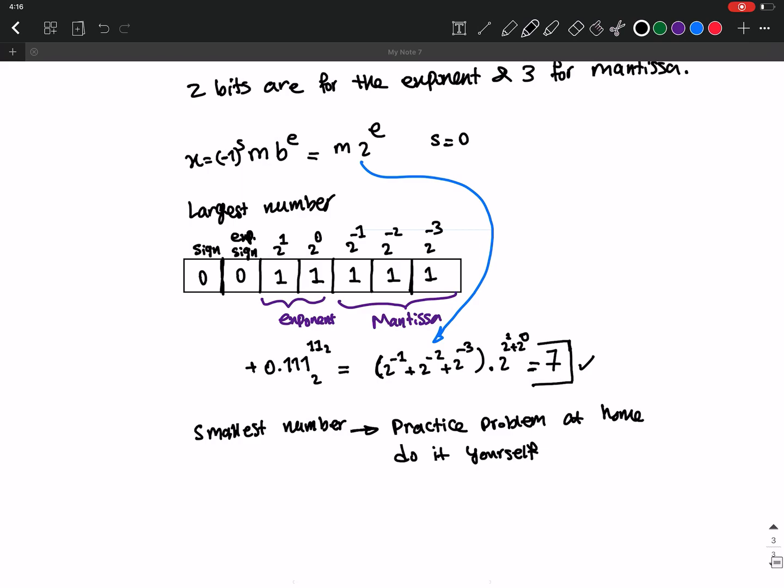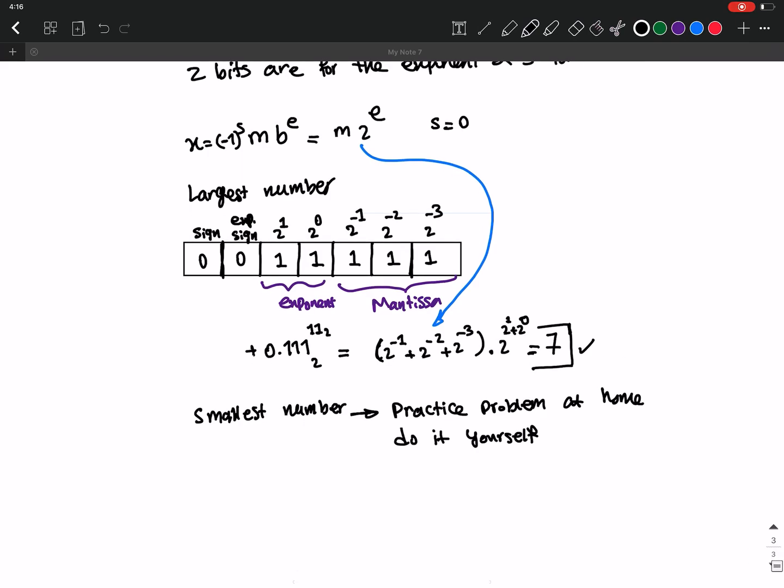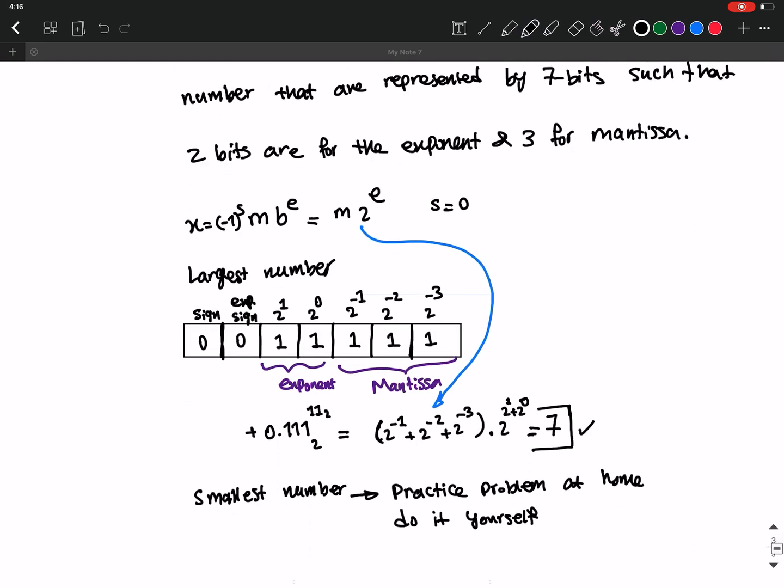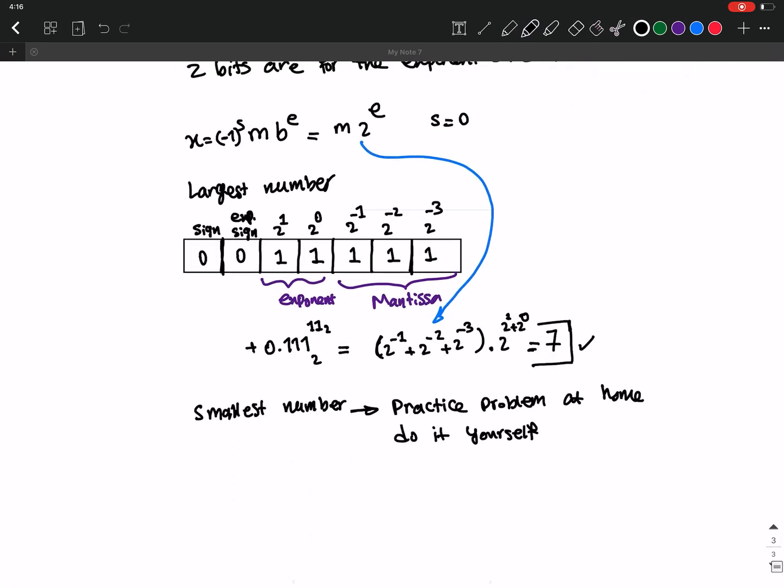Find the smallest number yourself. Of course, you have to change the sign of the exponent to be the smallest one, and also the mantissa and the exponent. Okay. So this was just to give you an idea how these floating bits are represented in a computer when you have a floating number.